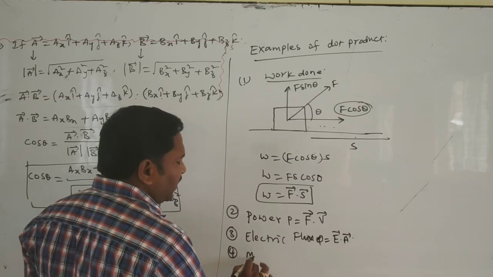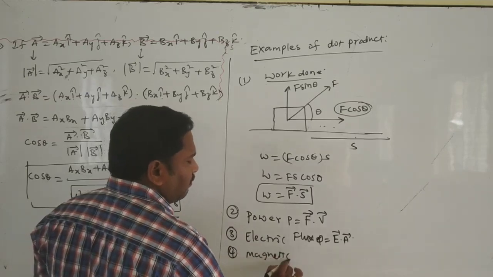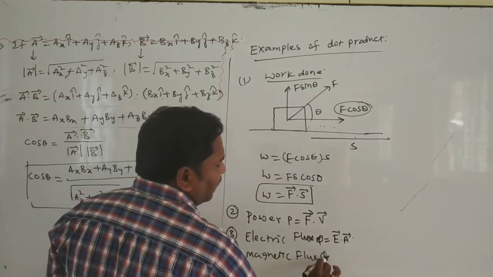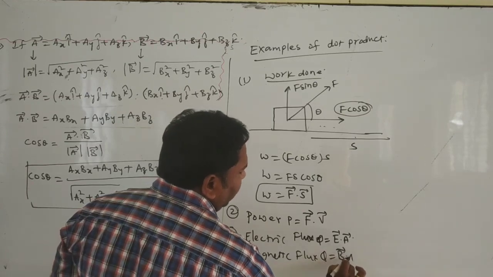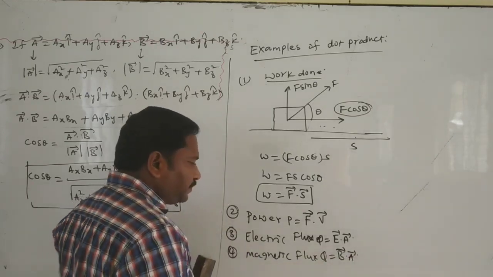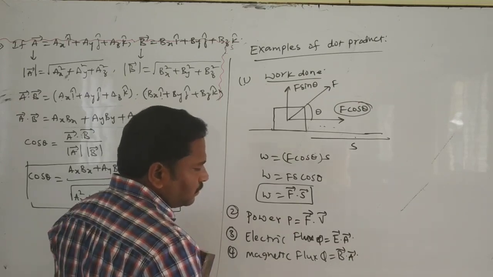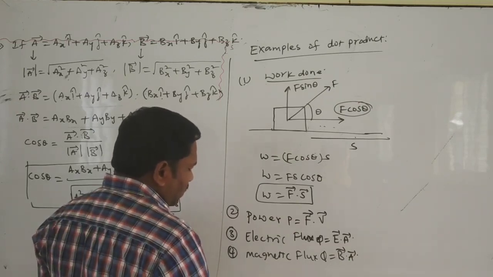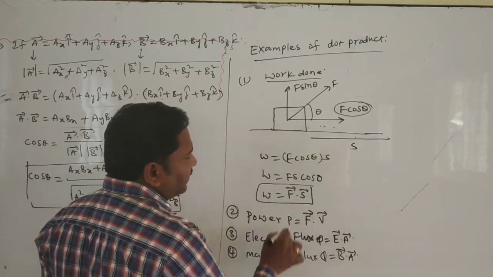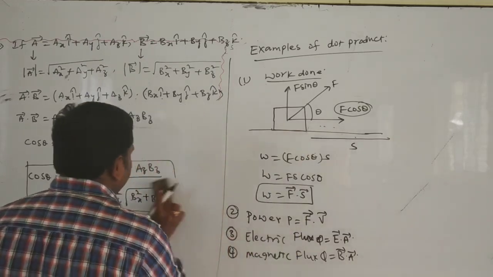Fourth one, magnetic flux phi equals B bar dot A bar. These are the examples of dot product.